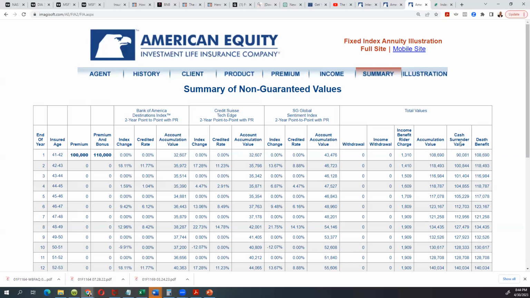So that is why it is higher than the surrender value for the first 10 years. But after 10 years, there are no surrender charges anyway, so whatever is the money will be given to your beneficiary. So in a way, it is good. Another benefit of the death benefit is that it will avoid the probate process. This money will go directly to your heirs, to your beneficiaries, outside of the probate process.